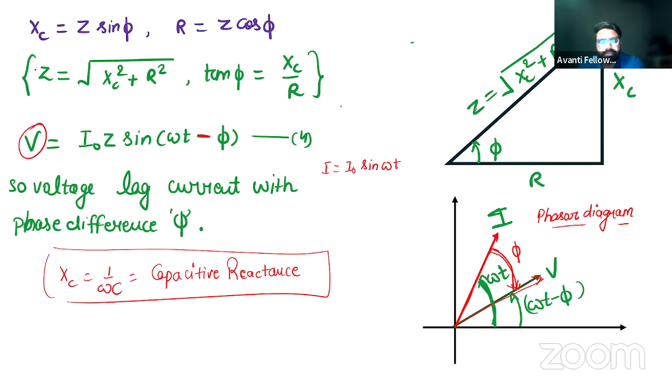So here also, what is the value of Z? It is nothing but the square root of XC square plus R square. This phi here is nothing but the power factor. Always remember this phi is nothing but a power factor, cos phi. Now this is XC upon R, this is nothing but the impedance triangle. Told you, impedance triangle. Okay?